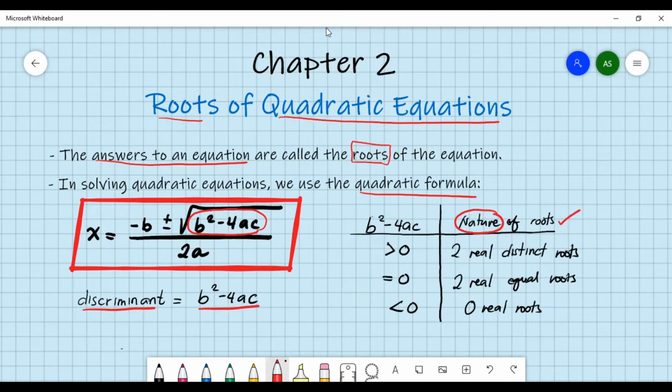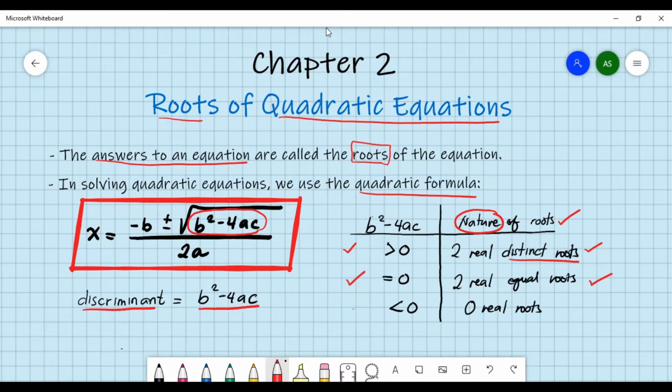For the first case, if your discriminant is greater than 0, then you will have two real distinct roots. That means different roots. If your discriminant is equal to 0, then you will have two equal roots. So in the end, you will have one root, because they are just equal anyway.